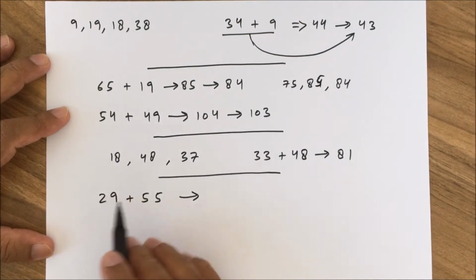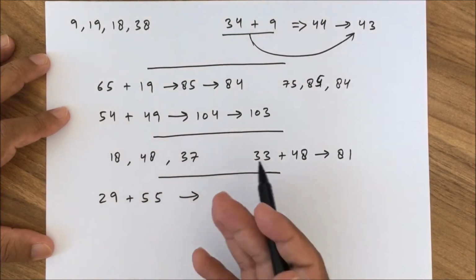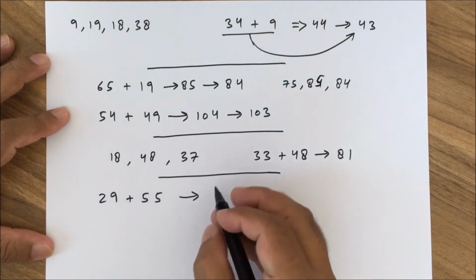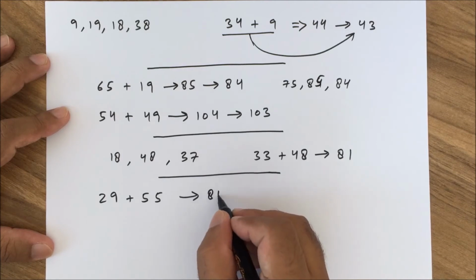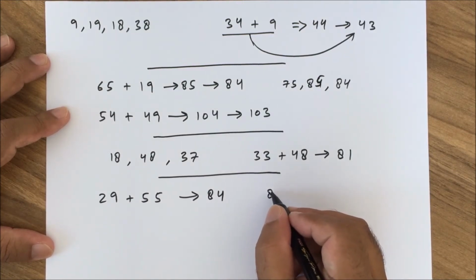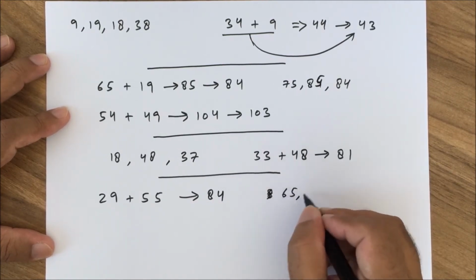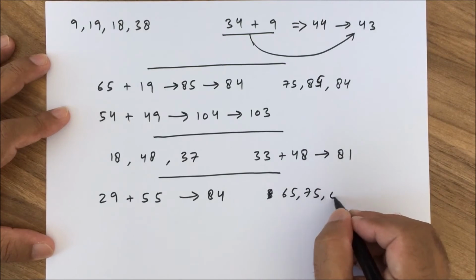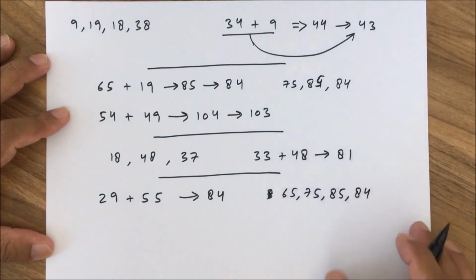This is near 30, so 3 times you will jump. 55, you will make it 65, 75 and 85, and 85 you take away 1 to make it 84. That will be your answer. So in your mind it should be 65, 75, 85 and then 84. These 4 numbers should come in your mind.